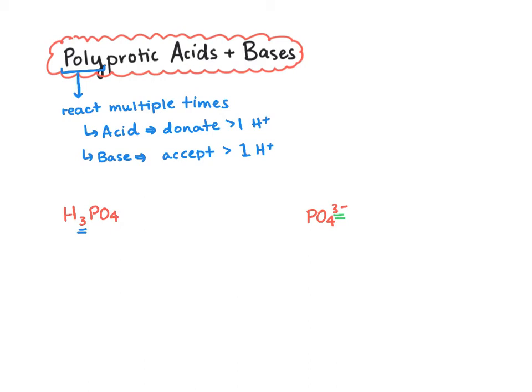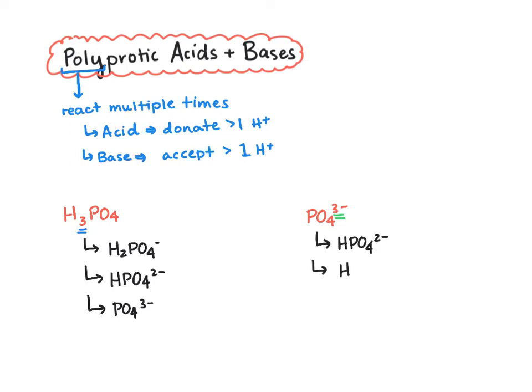So H3PO4, the first proton will give us H2PO4-, then HPO4 2-, and the final reaction will give us phosphate, PO4 3-. When phosphate reacts as a base, it'll first form HPO4 2-, then H2PO4-, and finally phosphoric acid.